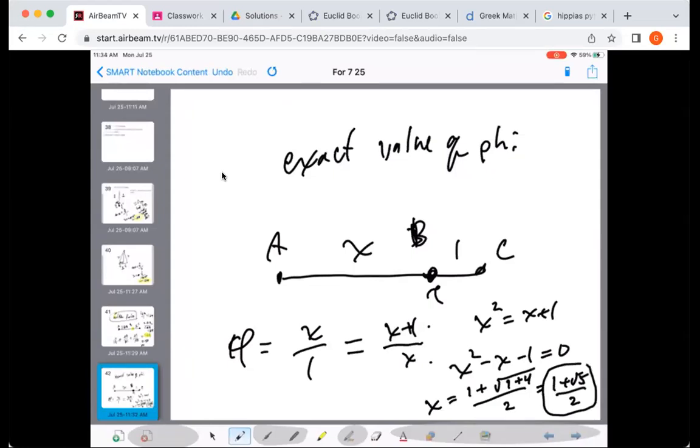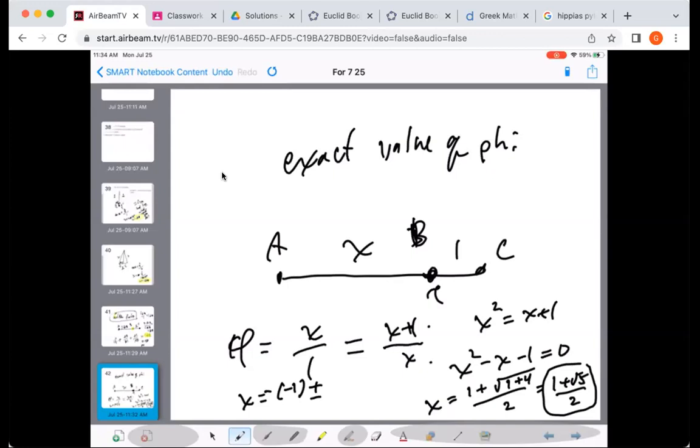I'm going to write over here x equals negative b plus, I know it's plus or minus, but the minus is going to be a negative number, so there's no way, since x has to be bigger than 1, so I'm only going to do plus.